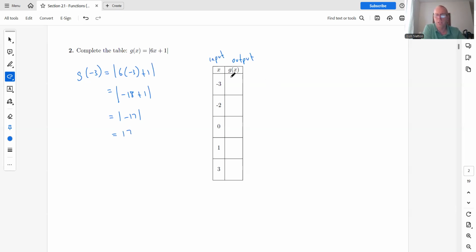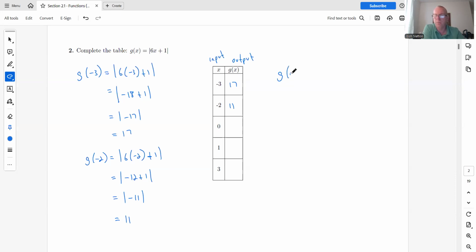All right, so g of -3 would be 17. G of -2, absolute value of 6 times -2, just plug in -2 for the x, plus 1. We get -12 plus 1. And that gives us absolute value of -11, which of course is 11. So g of -2 is 11.